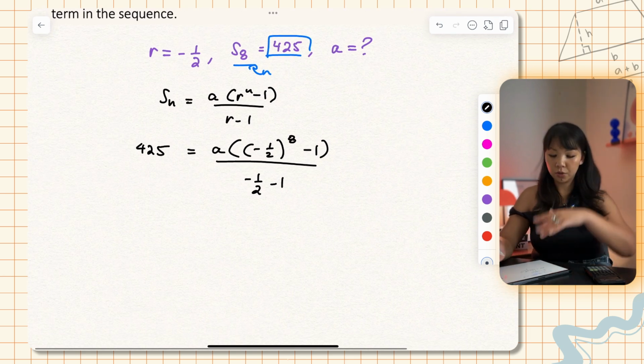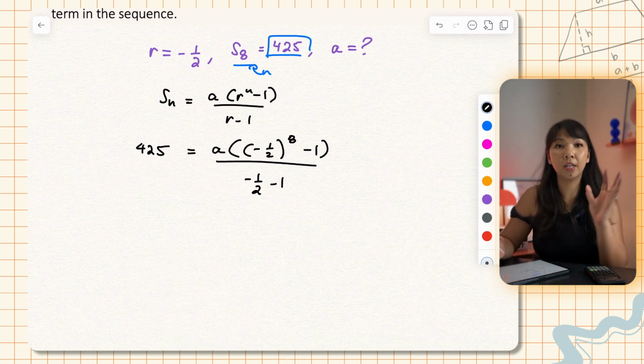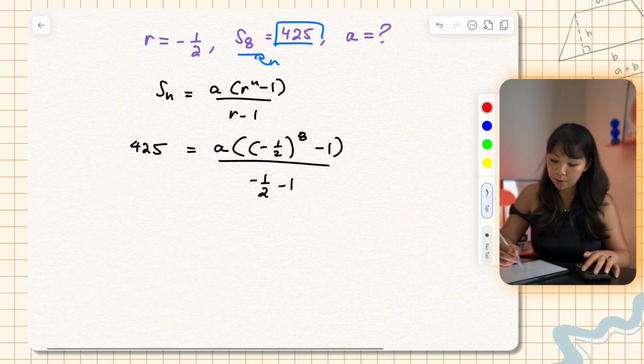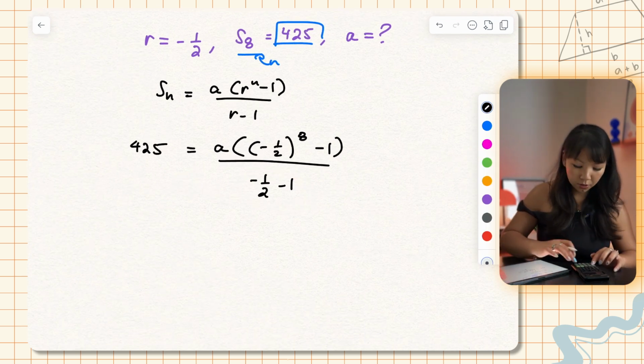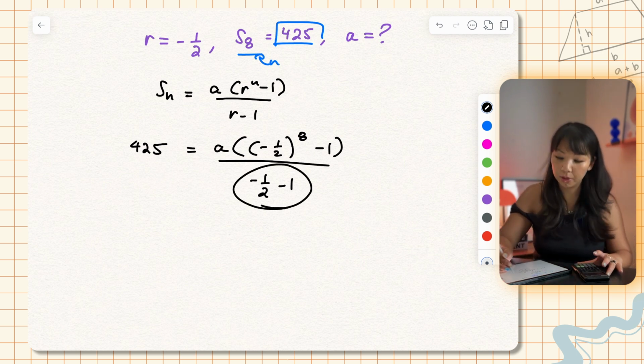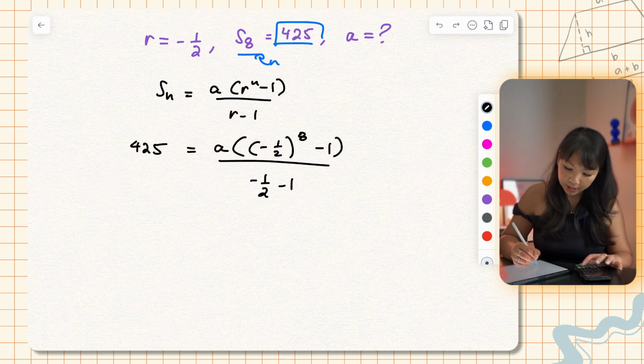Okay, so now we want to continue rearranging this until you get the first term, A, as the subject. So I'm going to multiply this over to the other side. So 425 multiplied by, now if you combine this, it's just -3 on 2. So if you multiply that, we get -1275 over 2.